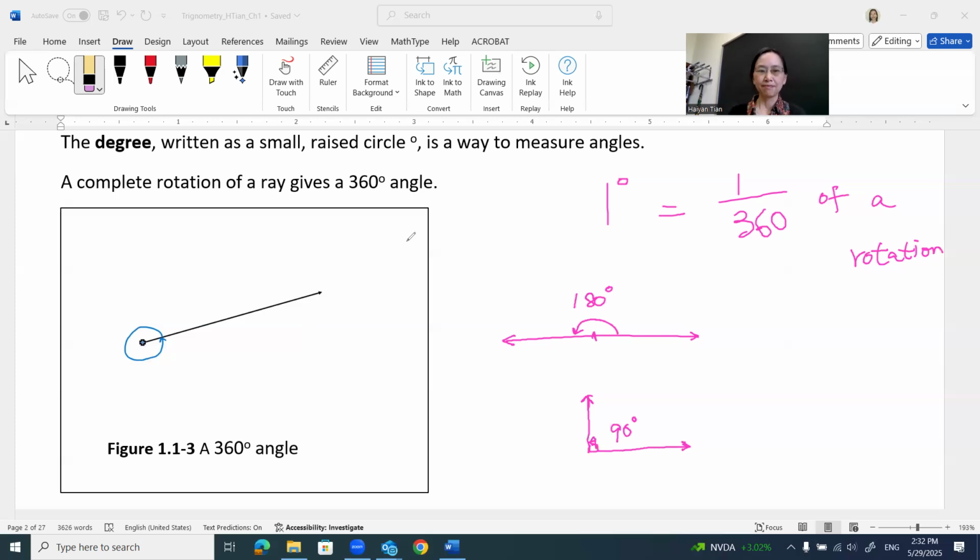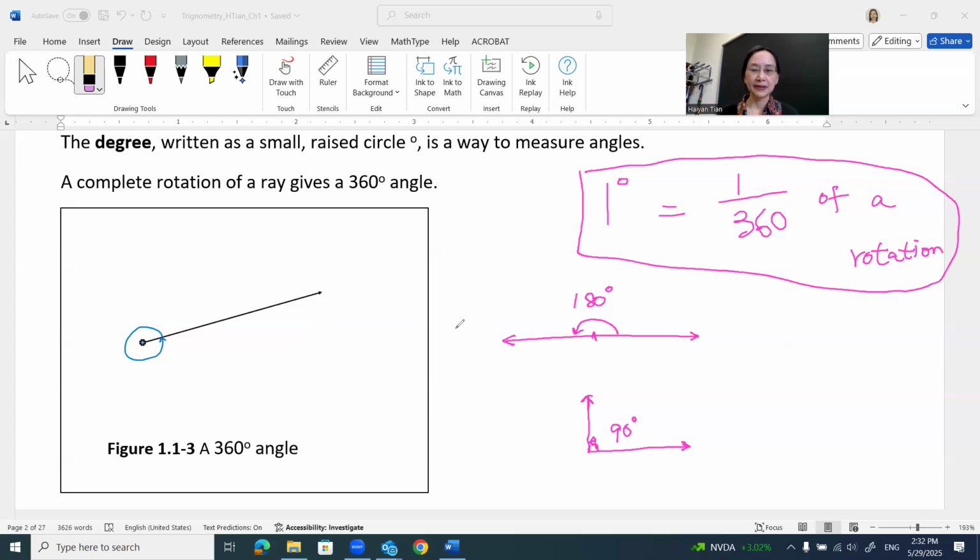Okay, so now we have several familiar angles. And this 1 degree, right, it's only 1 over 360 of a complete rotation.